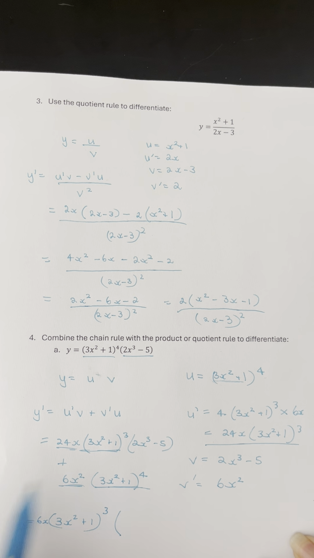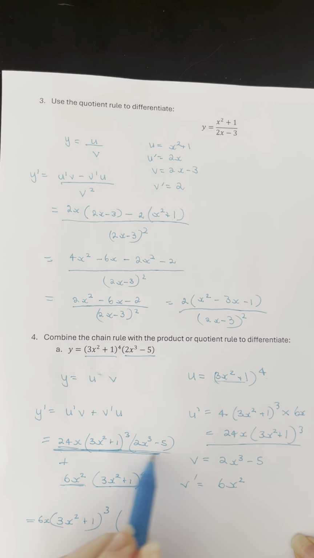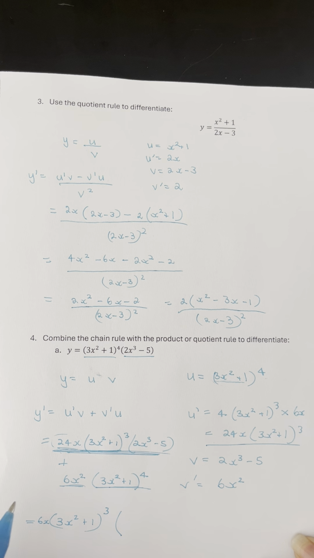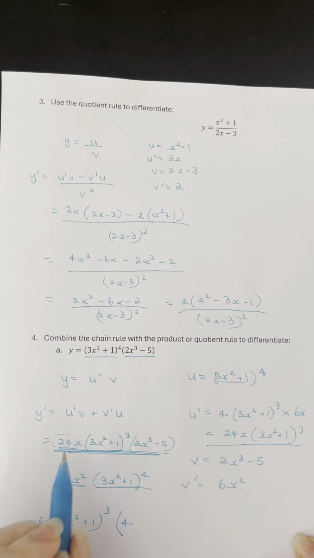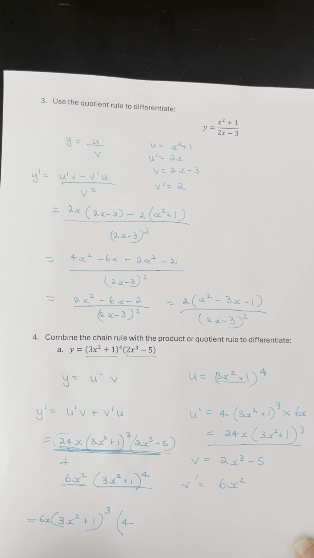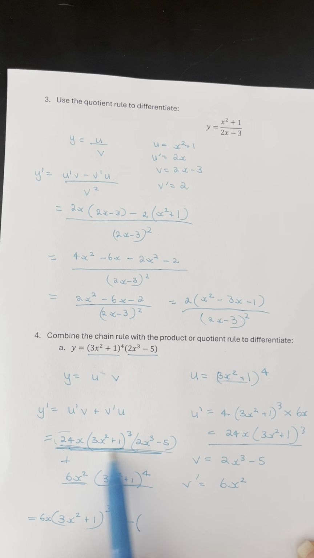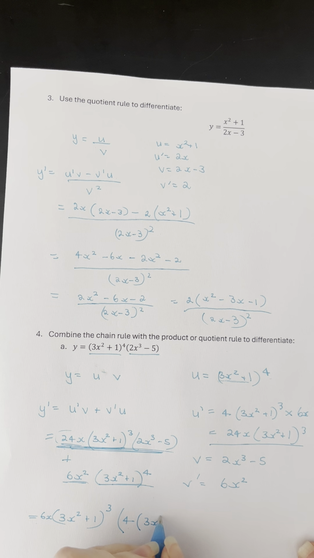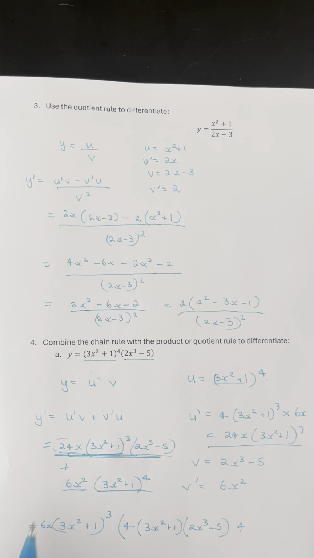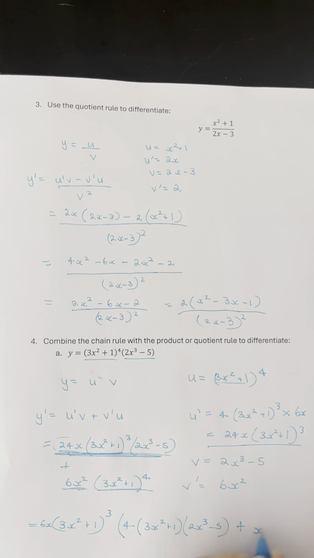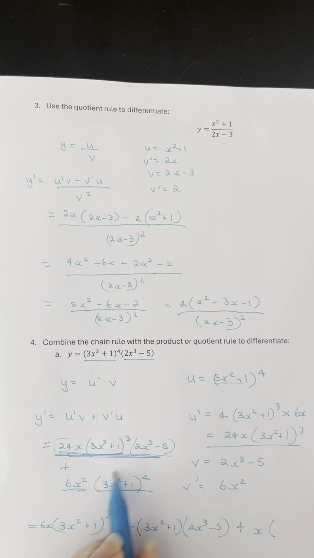So that means this first term that I've got here, I've taken the 6x out, which means I'm left with 4, because 6x times 4 will give me 24x. And then that is outside of, I've taken 2 of those, so I'm left with 1 there. And then I'm adding to that, I've taken the 6x, so I'm left with an x out the front. I've taken 3 of those.